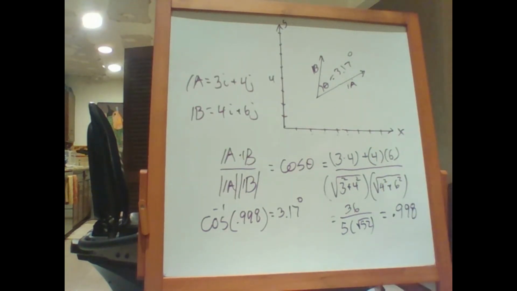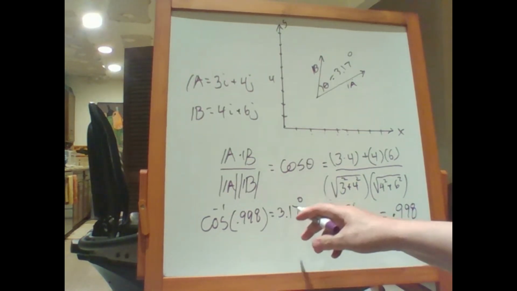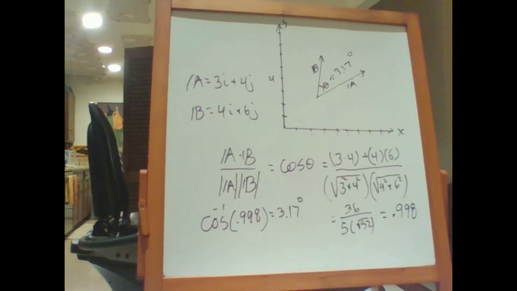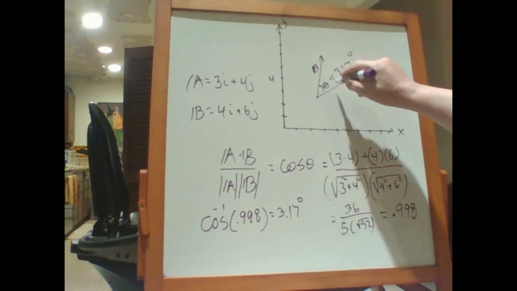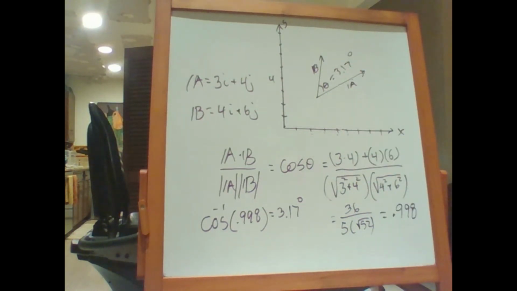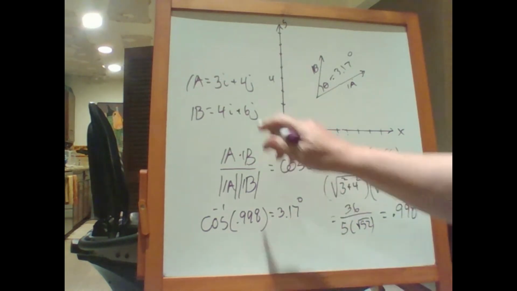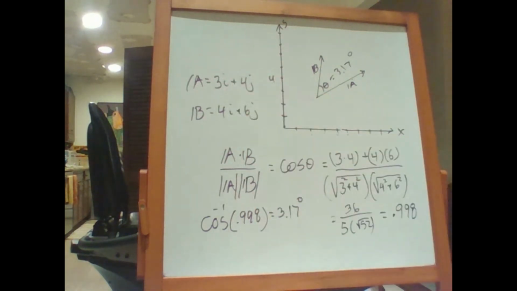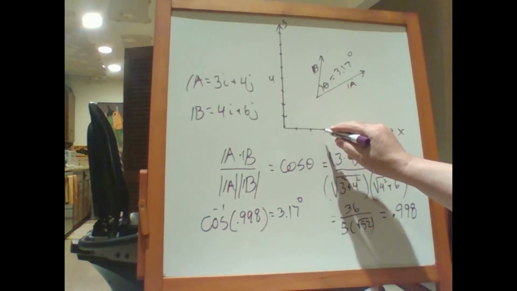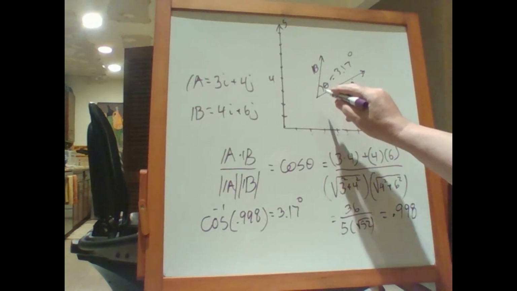Not very big in this particular case, but that's how you would get the angle between the two vectors. And you can see that these are not too far from each other, really. If we plotted it out, 1, 2, 3, and 1, 2, 3, 4.